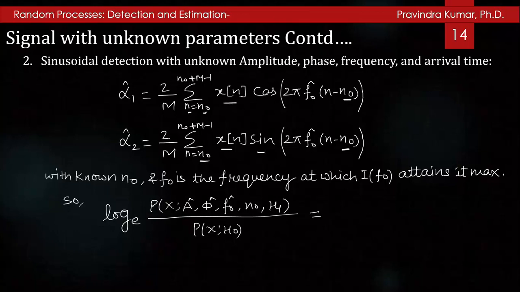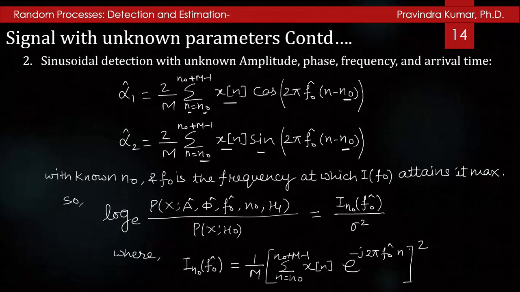This is the log likelihood ratio, and it will be equal to I(n0, f̂0) divided by sigma squared, where I(f̂0) is 1 by M times the magnitude squared of the summation from n = n0 to n0 + M − 1 of x[n] e to the power minus j2π f̂0 n. So to find the maximum likelihood estimate of n0, we need to maximize this likelihood function, the PDF under hypothesis H1.